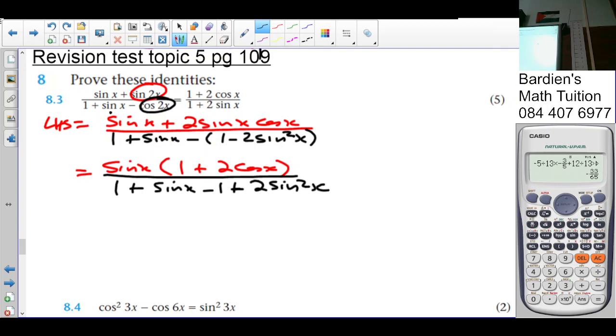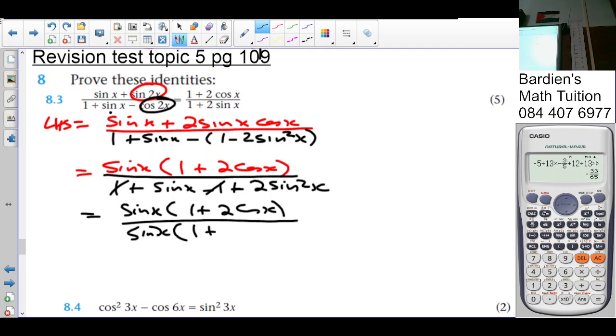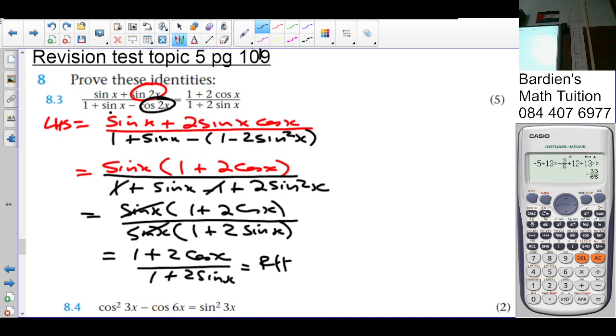So that's going to give us sine x into 1 plus 2 cos x over, sine x is a common factor. Then I'm left with 1 plus 2 sine x. Where the sines cancel leaves you 1 plus 2 cos x over 1 plus 2 sine x, which is equal to the right hand side. Okay.